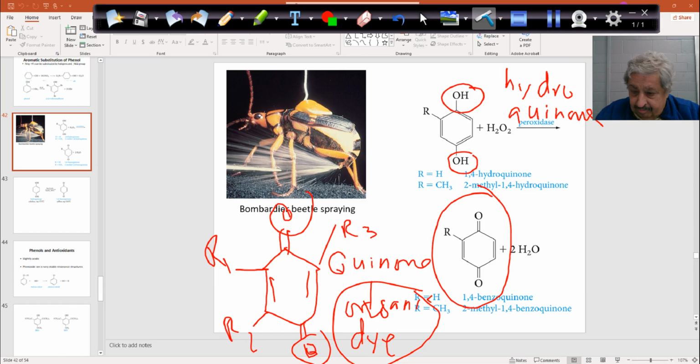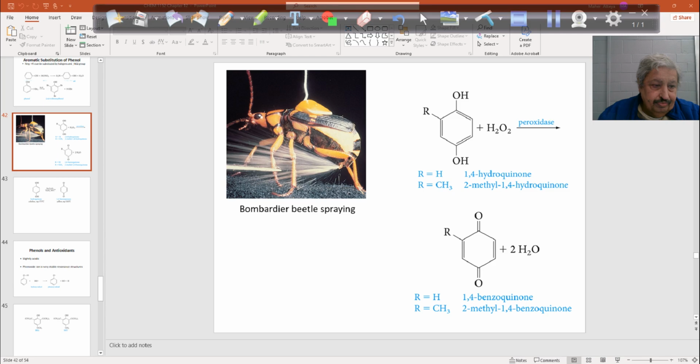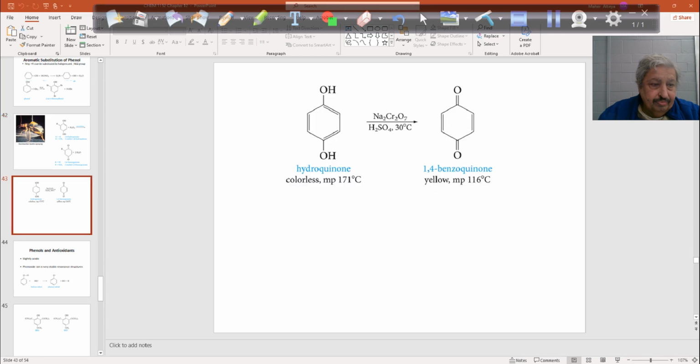Here is how to get from hydroquinone to quinone itself.